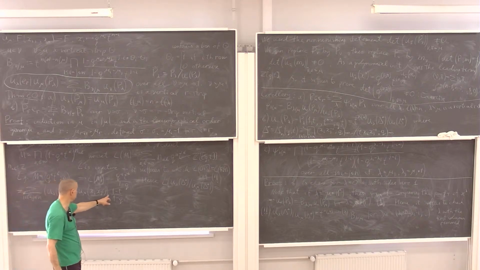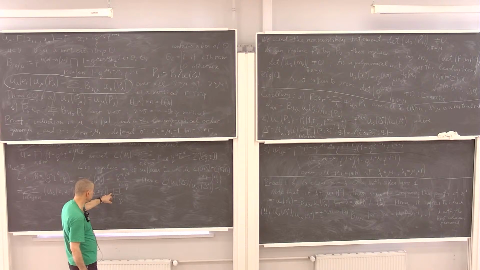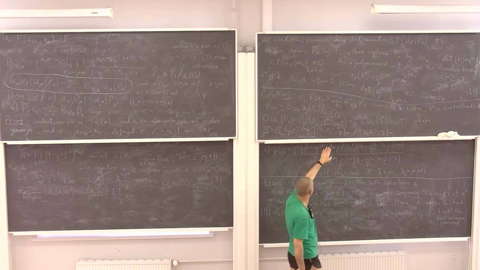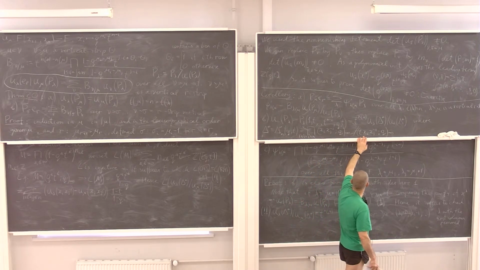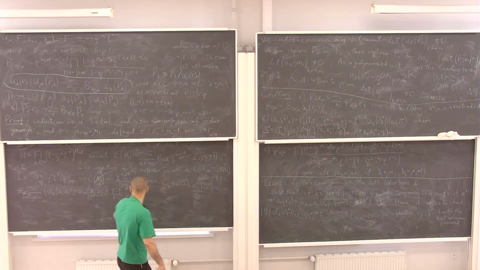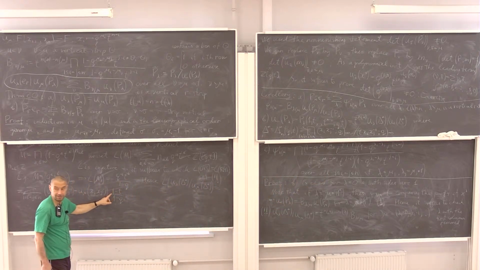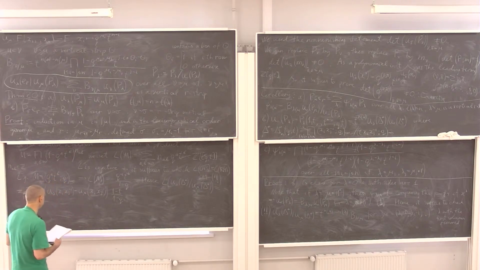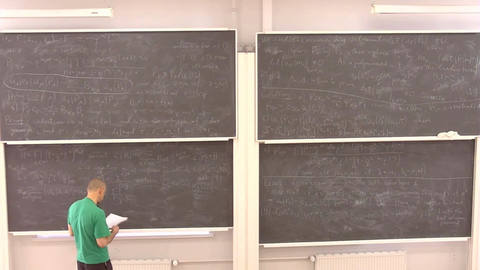Just because here we have something divided over t, this something. So this gives you the numerator 1 minus t, and the denominator we just computed. Okay.